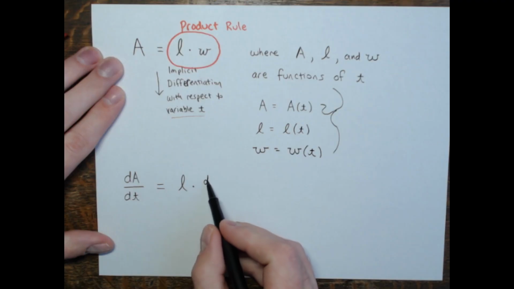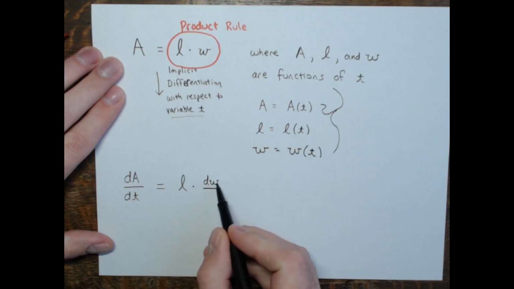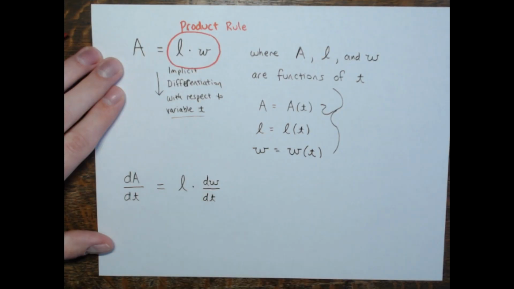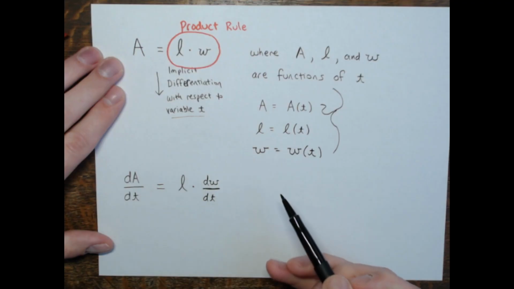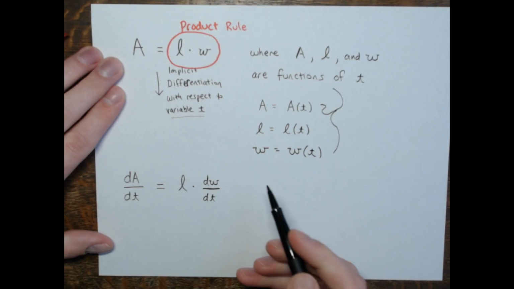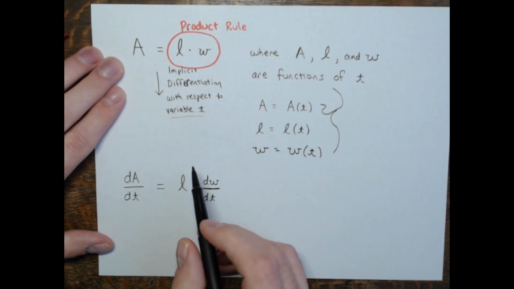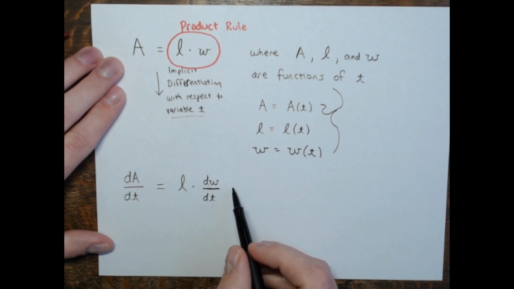And so L times, and you could say this is W prime if you want. Just remember that it depends on this t variable. But I'll write it the way they have in the problem, the instantaneous rate of change dW over dt, like this. That was the first term, using the product rule.